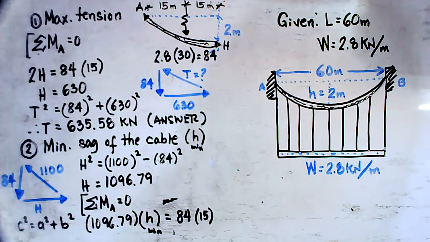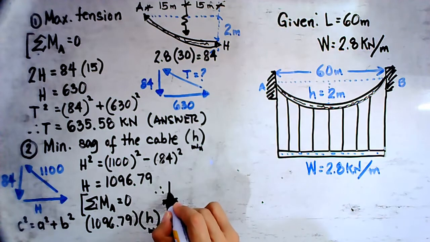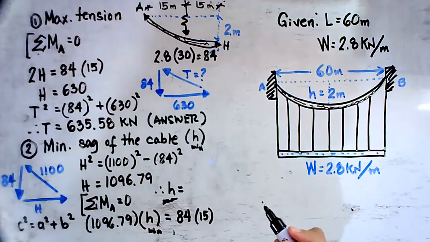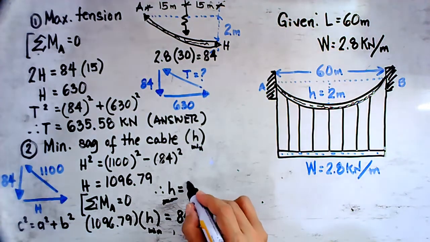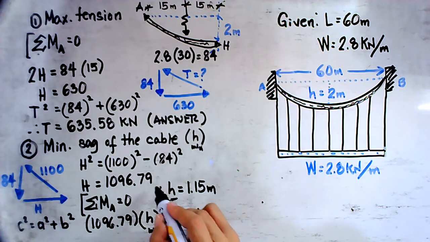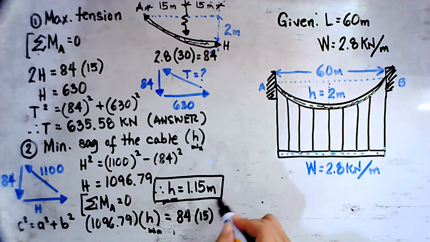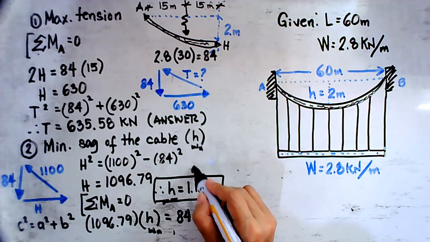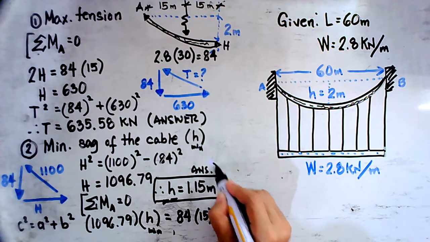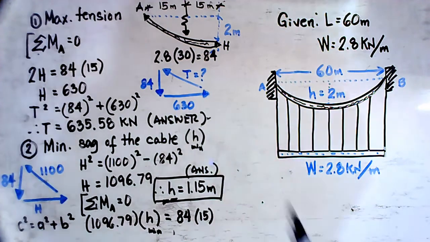And by the use of calculation, we will have the value for H, which is equals to 1.15 meters. So this will be our answer for question number 2, while this one is our answer for question number 1.